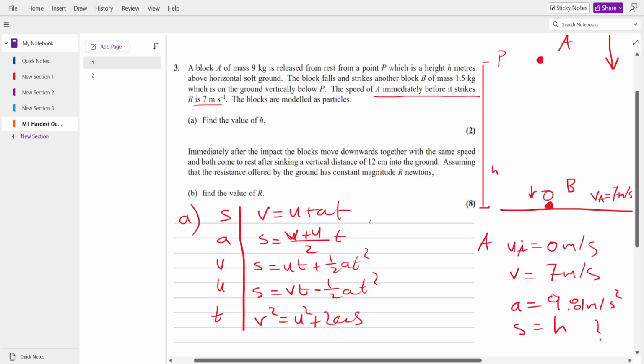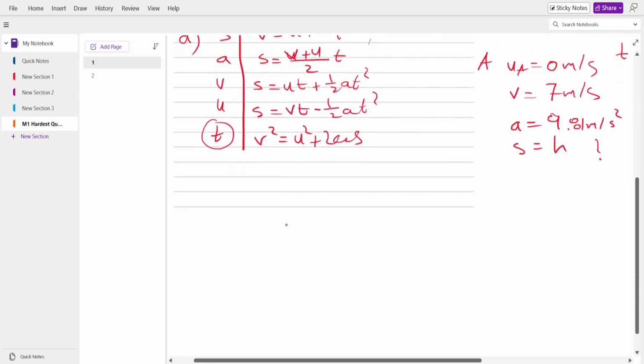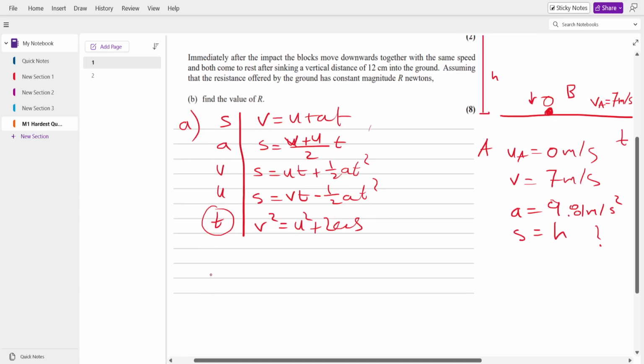So I look at which letter I didn't mention. I mentioned U, V, A, S. I didn't mention the letter T, so I will use the equation in front of the letter T, which is V squared equals U squared plus 2as, to find my unknown.